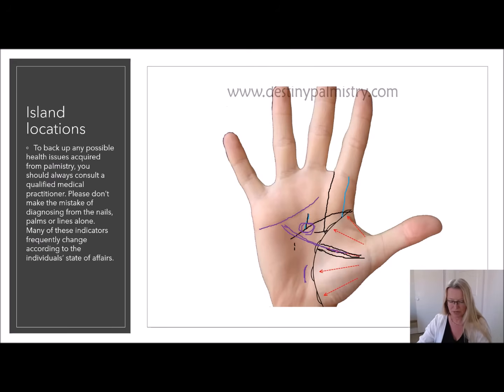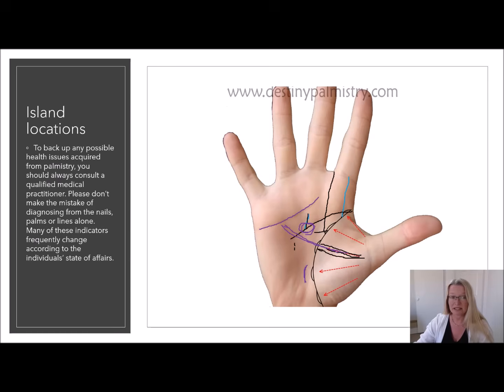So just remember to always check for other indicators such as the skin color, consistency of the flesh, whether there's lots of energy, how the mounts are looking, if there's other marks, other areas of the palm.